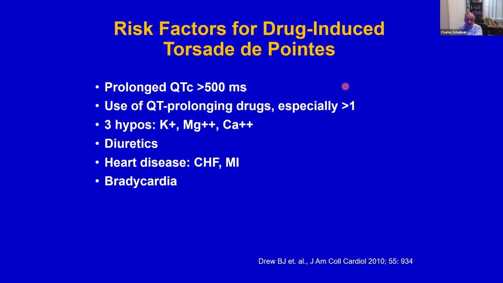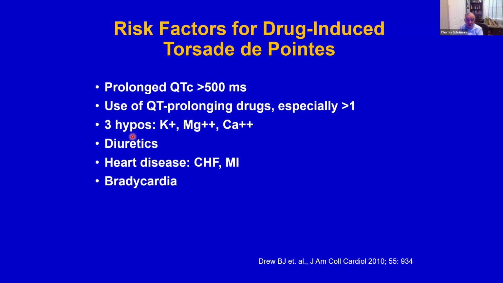Now, there are a number of risk factors for drug-induced torsade, which is what we're talking about. There is congenital long QT syndrome, but that's much less common than drug-induced torsade. The QTc is prolonged greater than 500 milliseconds, the patient is on a QT prolonging drug, especially more than one QT prolonging drug.